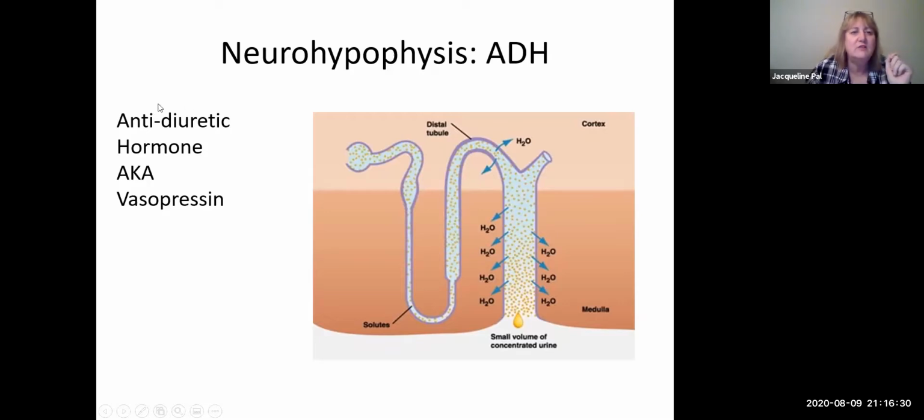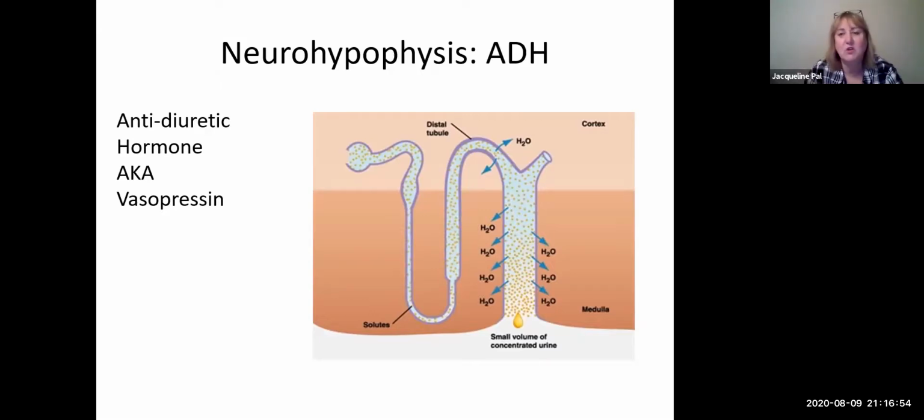You need to understand, if you're antidiuretic, what does diuretic mean? Well, a diuretic is something that causes diuresis, which is a definition which didn't help you at all, right? So diuresis means you have increased urine output. So antidiuretic hormone means we're not going to have increased urine output. We're going to have the opposite, so urine output is going to go down.